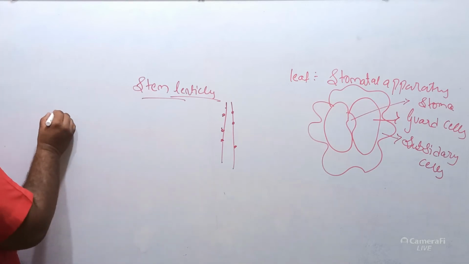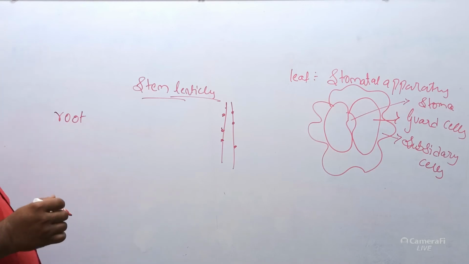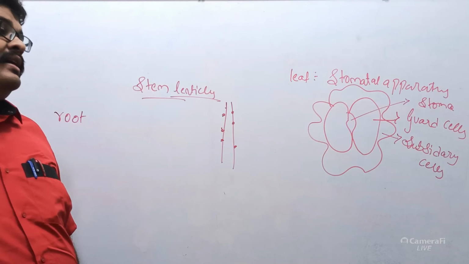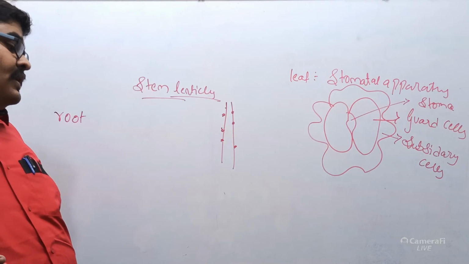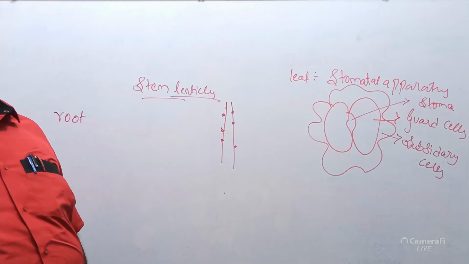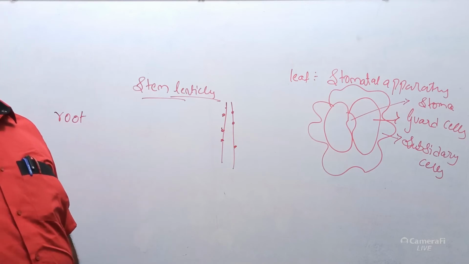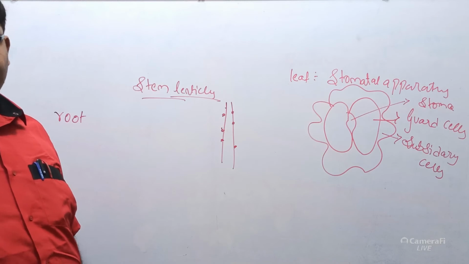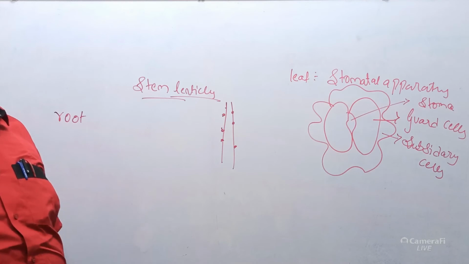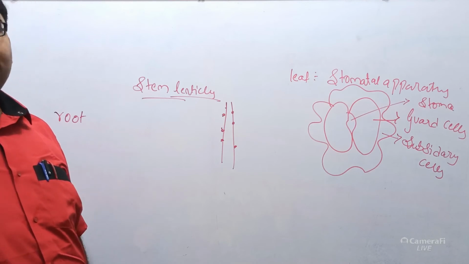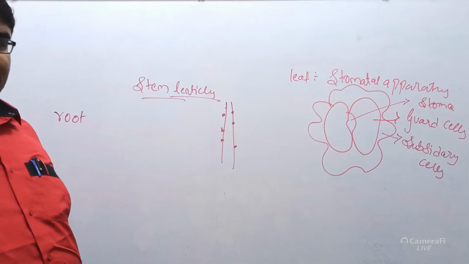Then coming to root. In a few plants which are found in some saline soils, like in Sundarbans in West Bengal, where the river meets the sea, the water is saline, that is hard water, which makes intake of air a bit difficult for those plants through roots.